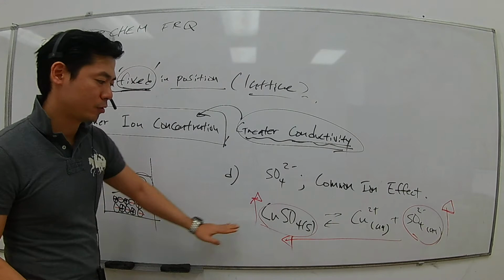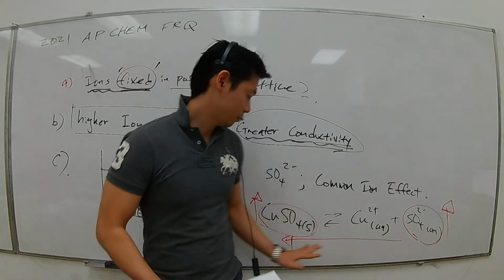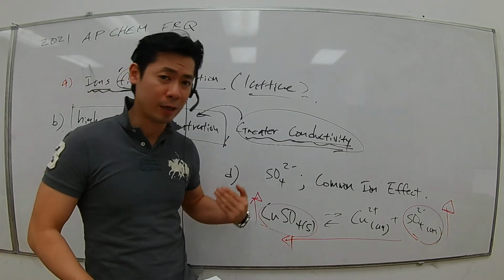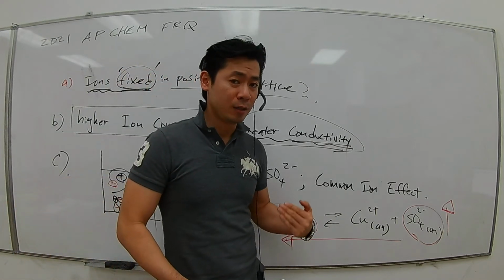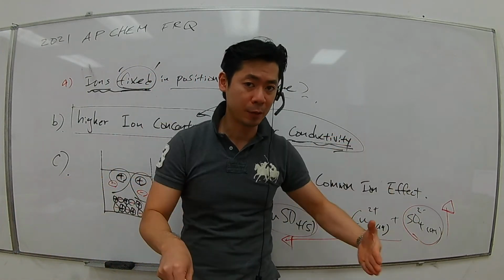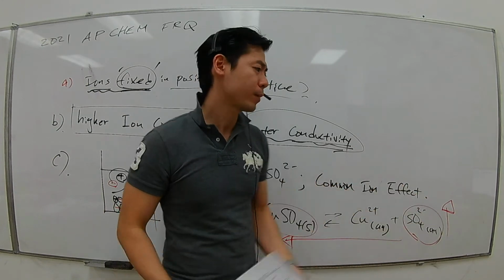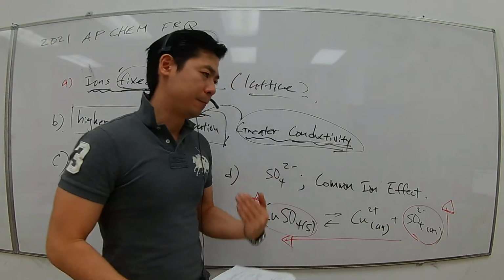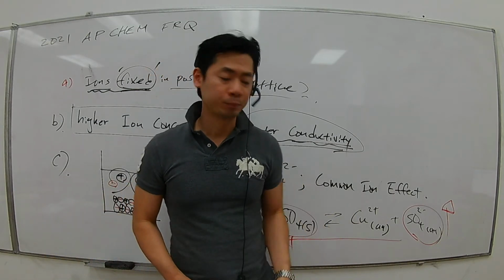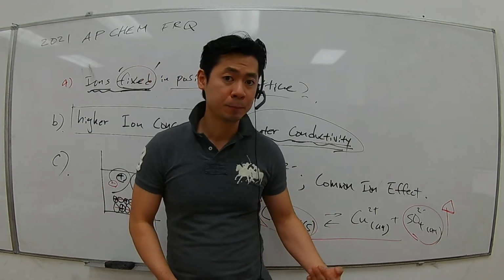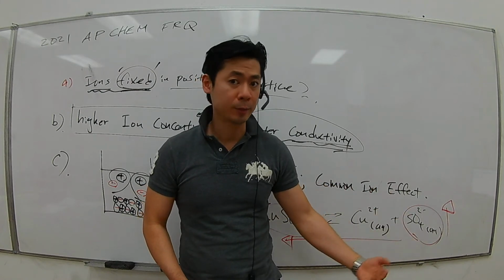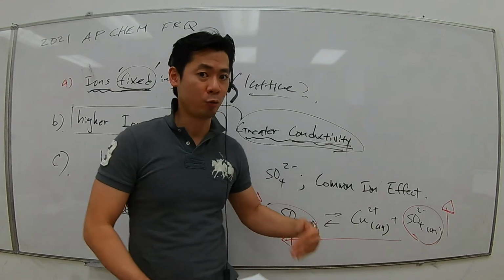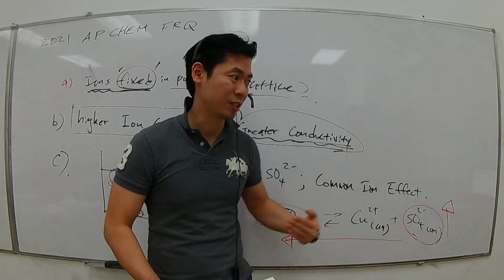Solubility is the amount of the salt, here copper sulfate, that dissolves in a given volume of the solution or water. So for example, if 1 mole of copper sulfate dissolves in 1 liter of water, then that 1 molar solution, or 1 molarity of copper sulfate, is what we call solubility.